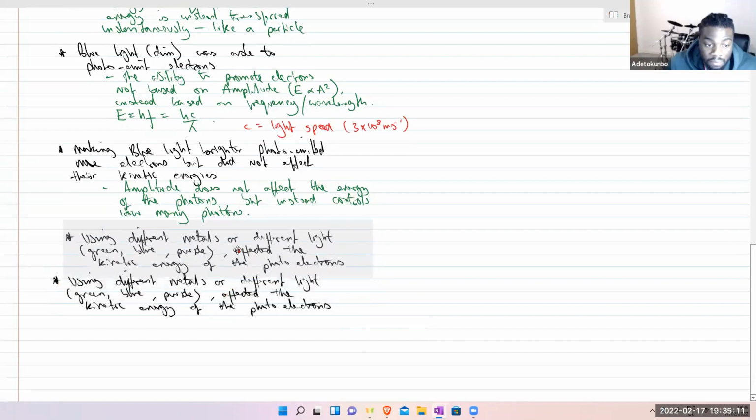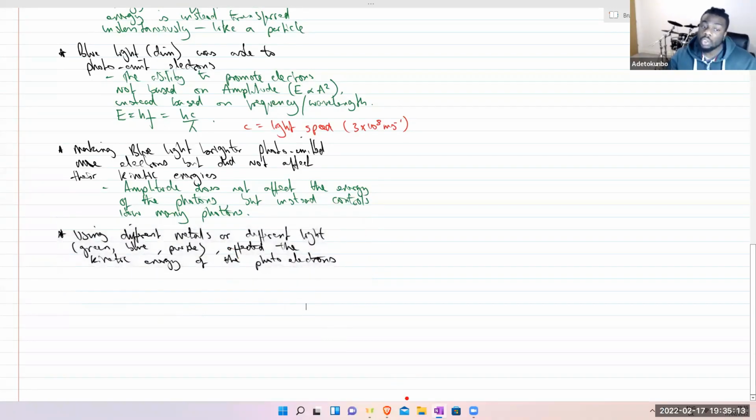And the last and final observation: using different metals or different lights, green, blue, purple, affected the kinetic energy of the electrons.